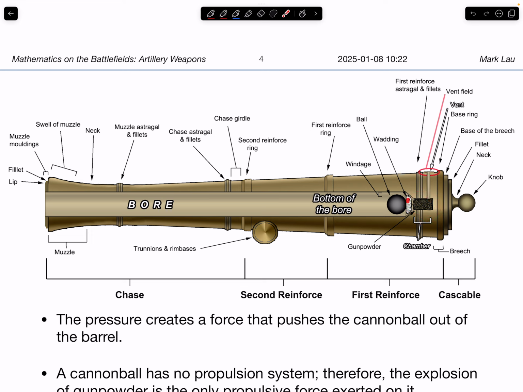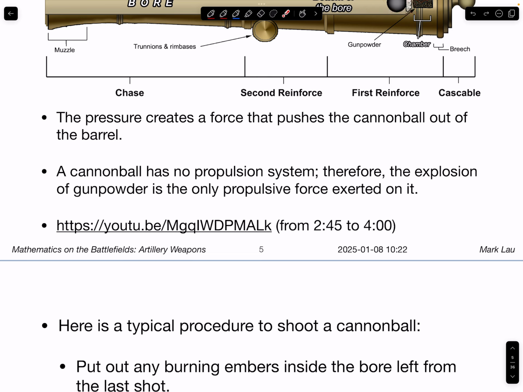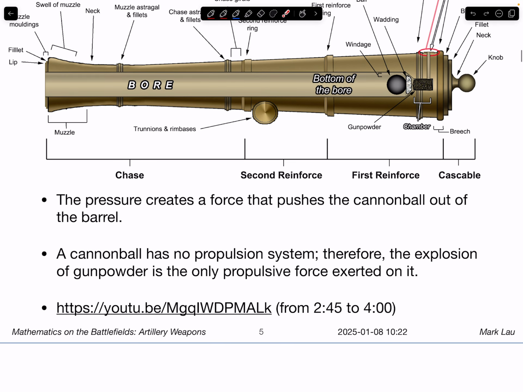And since there isn't any space here, the gas molecules are expanding right now, and therefore they will push the cannonball outwards. A cannonball has no propulsion system. Therefore, the explosion of gunpowder is the only propulsive force. So basically, the initial force is the only force that makes the cannonball move outwards.